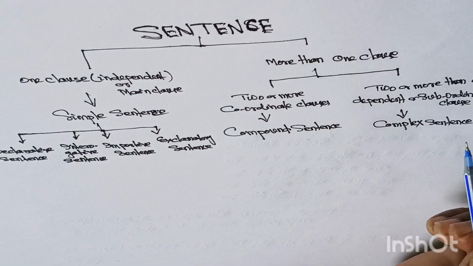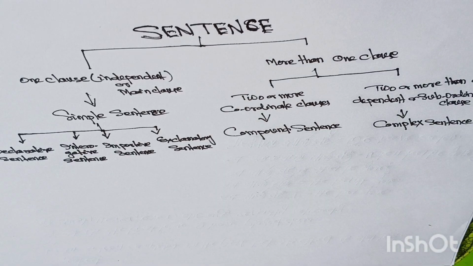Now we discuss the simple sentence. How many types of simple sentences are there? How do you know the sentence is a simple sentence? Every simple sentence is an independent or main clause, as it has one subject and one predicate.